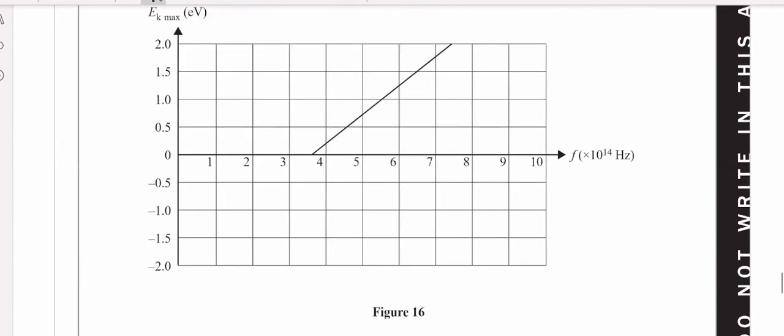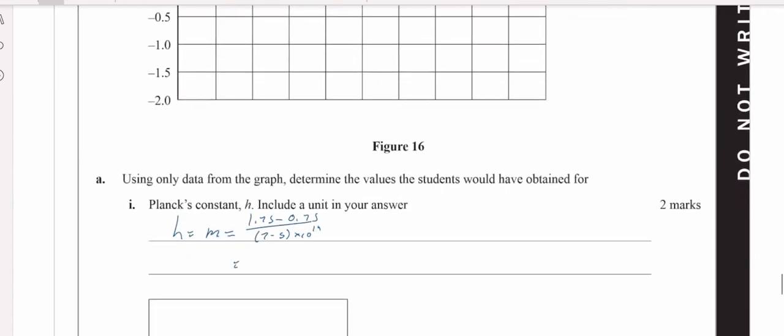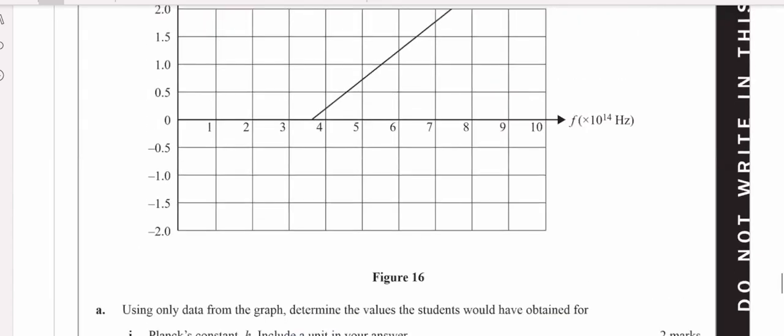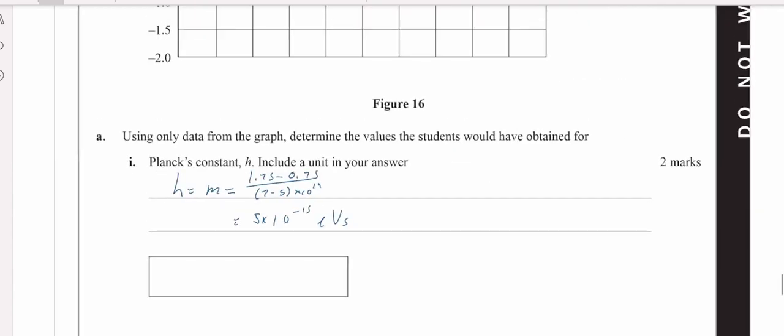And this is in electron volts. So we get 5.10 times 10 to the power minus 15 electron volts seconds.